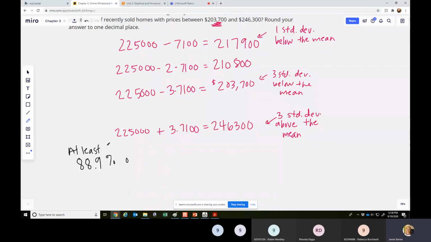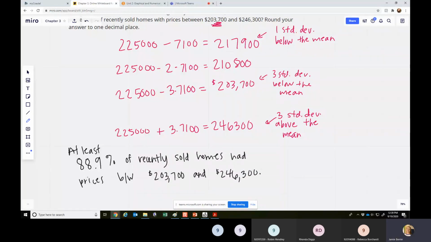At least 88.9% of homes, they said recently sold homes, had prices between 203,700 and 246,300. All right, so that's Chebyshev's theorem.